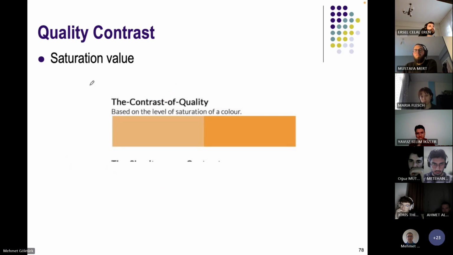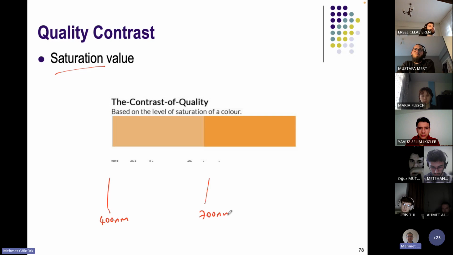When you're designing interfaces, we have a saturation value. Saturation means how much white is present in the color signal. Normally, 400 nanometer, 700 nanometer, and this is our band.